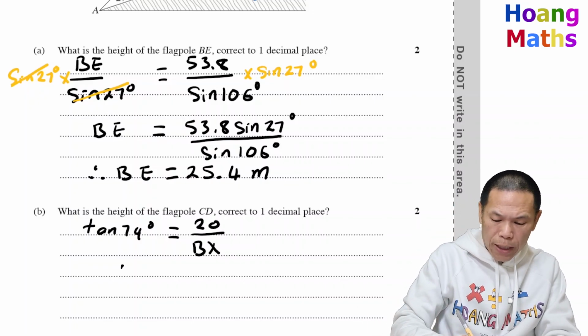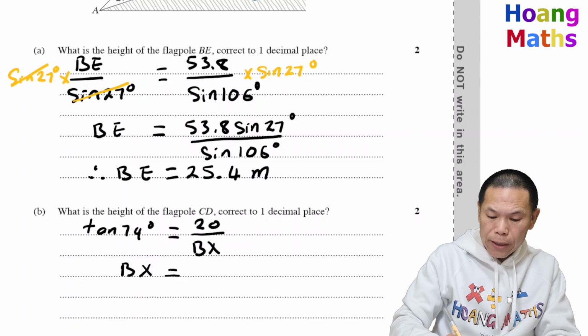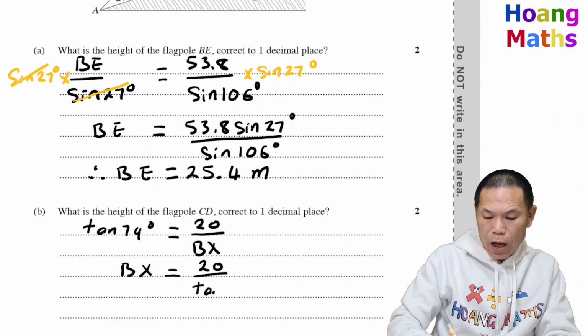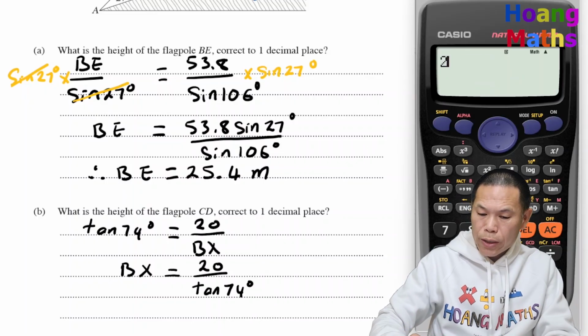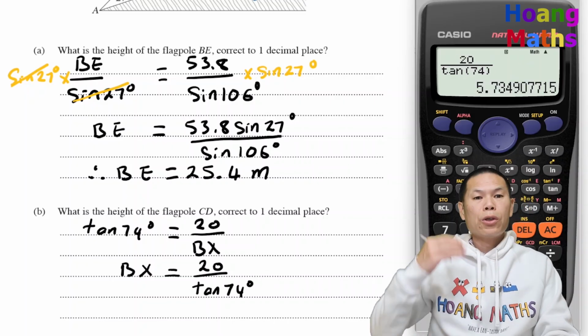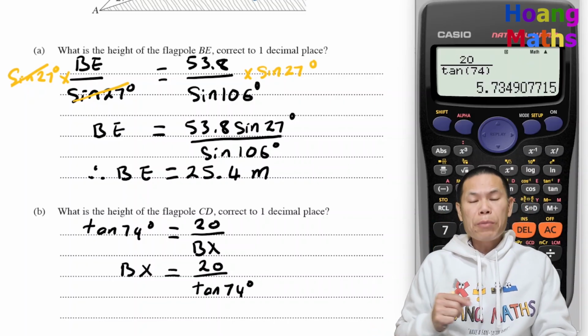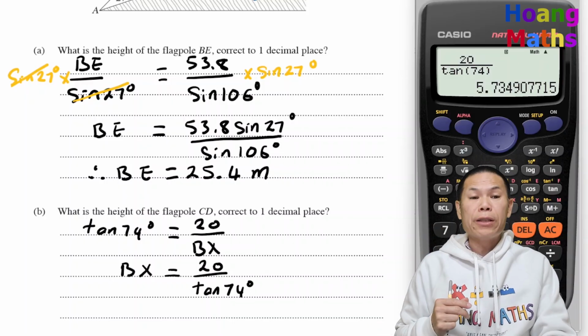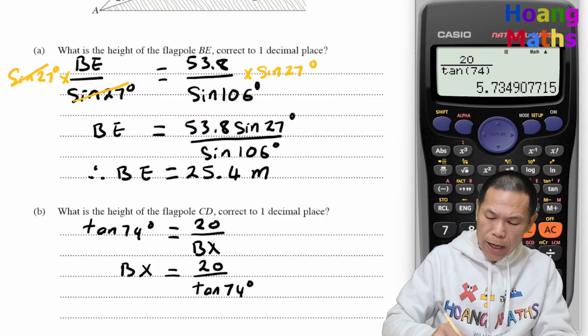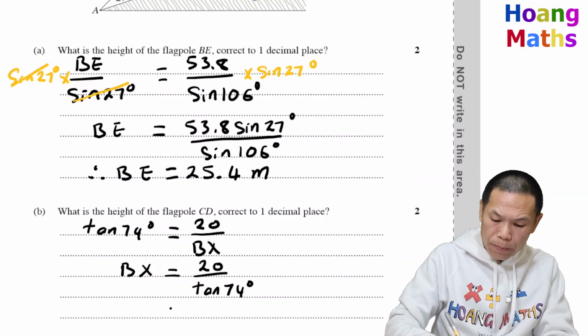In other words, BX is 20 over tan of 74 degrees. So just go 20 over tan of 74 degrees. So there you go, let me write down 5.73 for now.